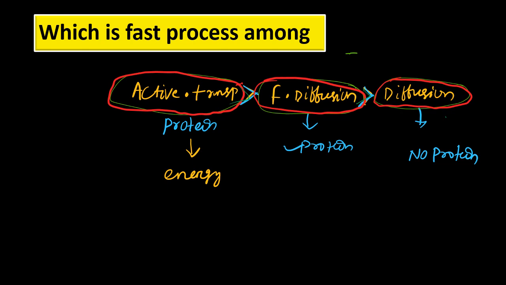As an example, if any process occurs without enzyme, the process takes so much time. If we add some enzyme, the process is soon completed. So active transport is faster than facilitated diffusion because it contains proteins, and diffusion takes the least time.